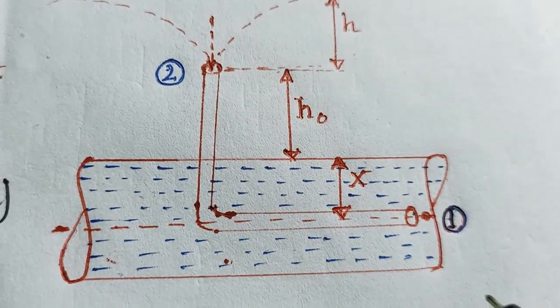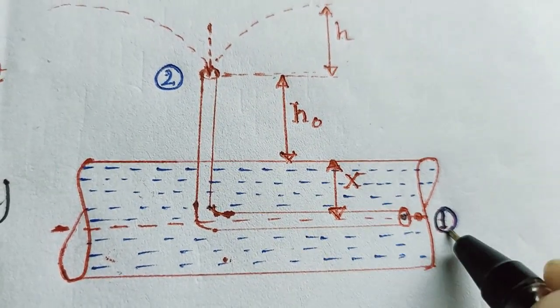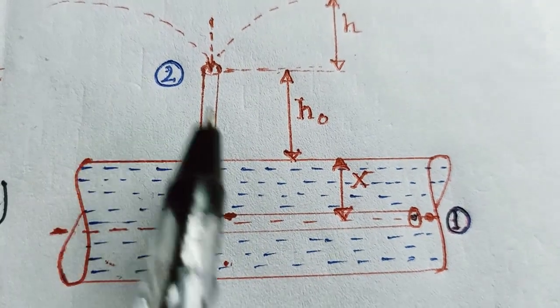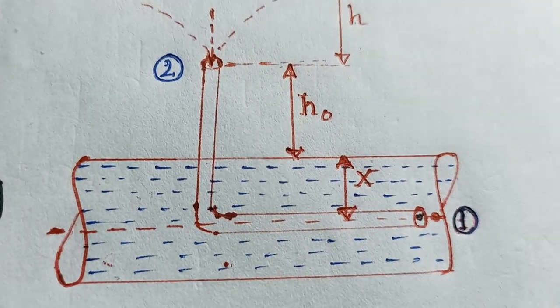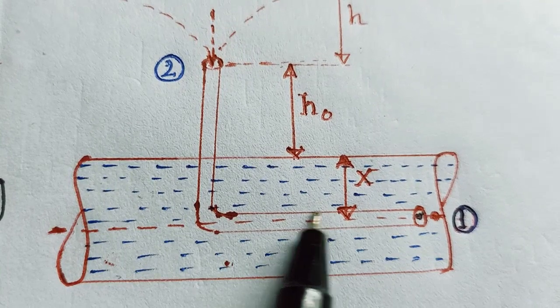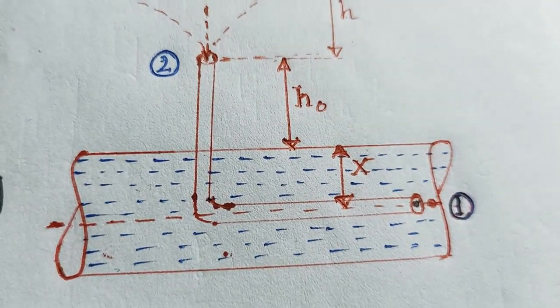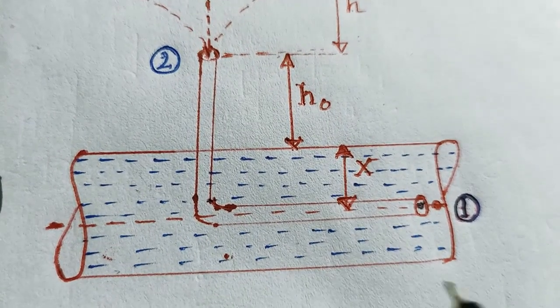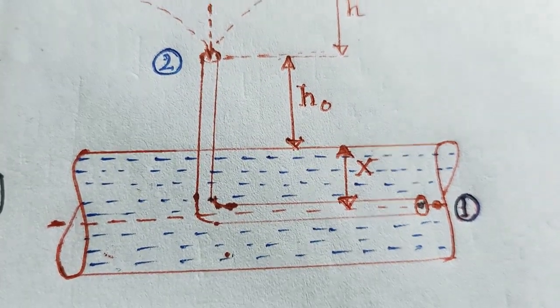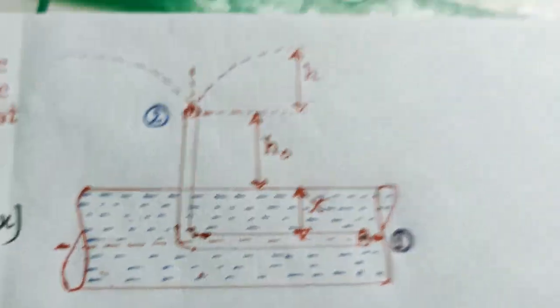Now let us consider 2 points 1 and 2 on the two ends of this bended tube. Now we'll apply the Bernoulli equation at point 1 and 2 for solving this question.